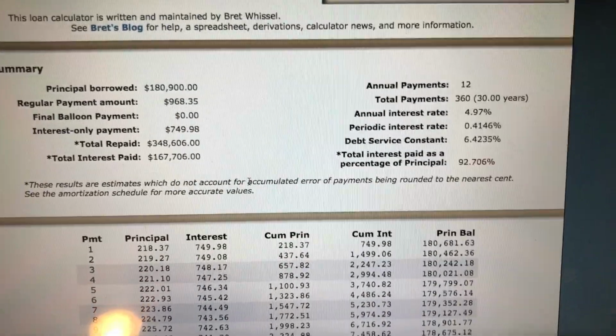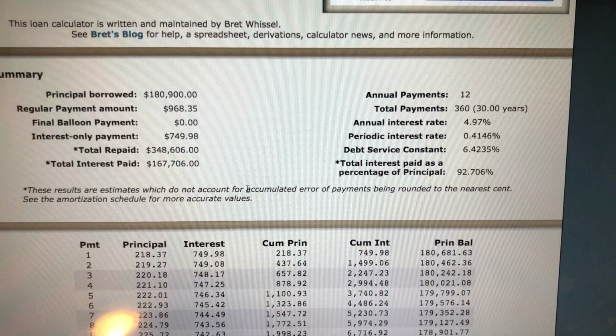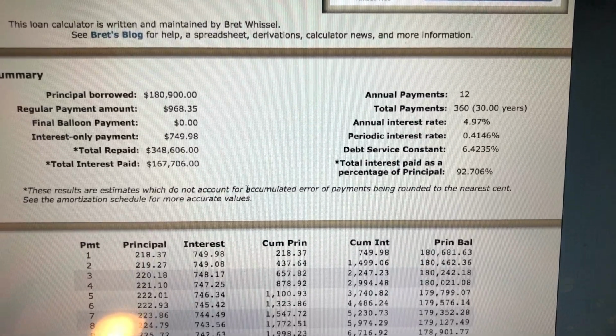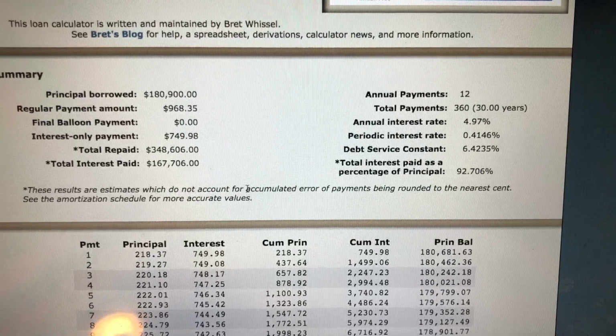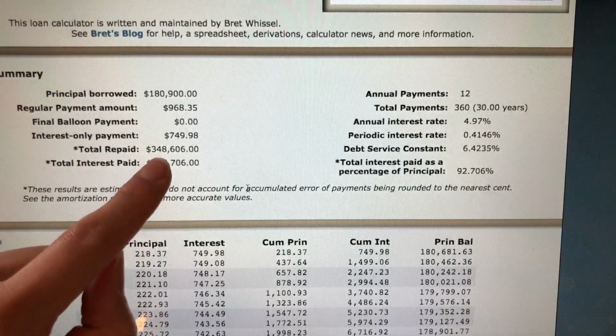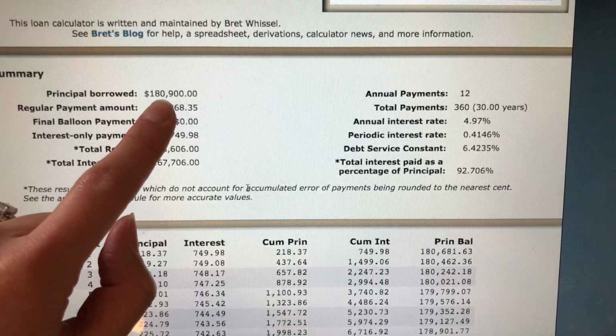Every time I go house hunting, I look and I'm like, okay, that house is worth this, that house is being sold for this much. I know if I take out a loan, I'm probably going to be paying twice as much as that in the long run. It's crazy because that's how much you have to pay the bank to let you borrow this amount of money.